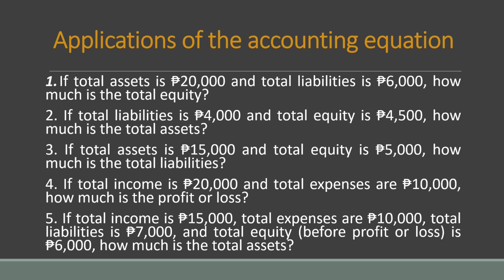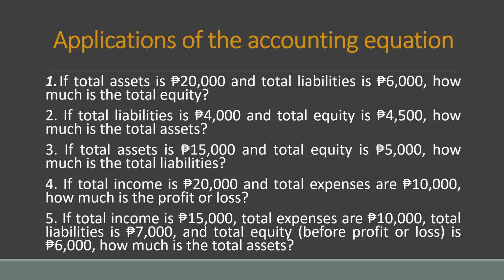So based on this problem, the total income daw is 20,000 and the total expenses is 10,000. So 20,000 less total expenses of 10,000, makukompute natin yung profit or loss. And since mas mataas yung total income as compared sa total expenses, kaya ang sagot dito sa number 4 is 10,000 profit.